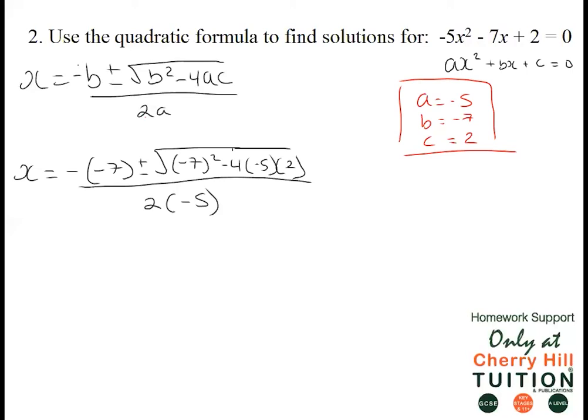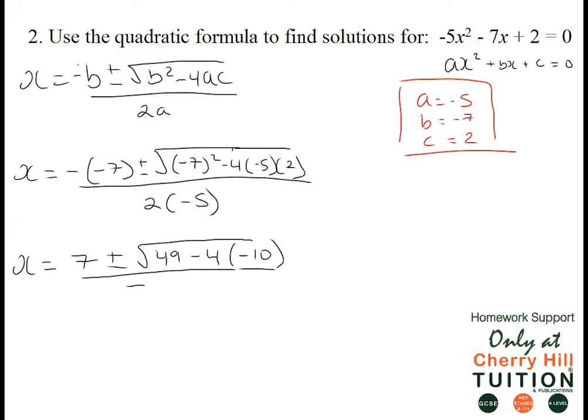We can now expand the brackets to make this a little bit more simple. The minus 7 becomes a plus. And then we have minus 7 squared, which is 49, minus 4 multiplied by minus 5 multiplied by 2, which is minus 10, over 2 multiplied by minus 5, which is minus 10.